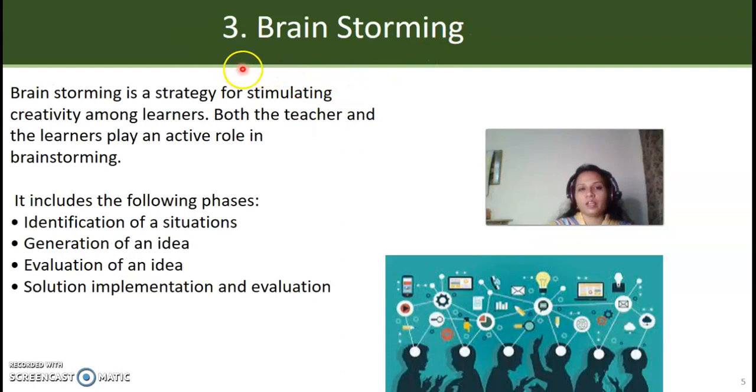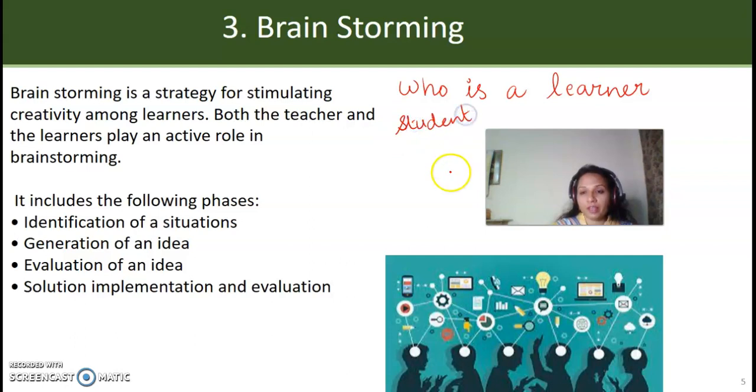The third strategy is brainstorming. Now, what is brainstorming? Is it some kind of storm in your head or your brain? Brainstorming is basically a strategy which stimulates creativity among learners. Now, my question is: who is a learner? Is a student a learner?